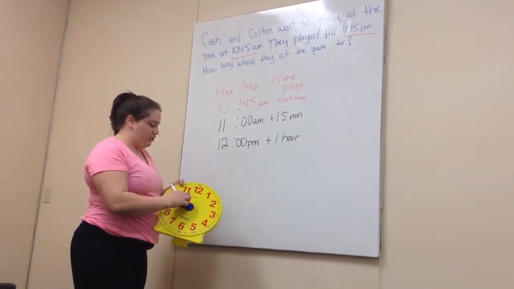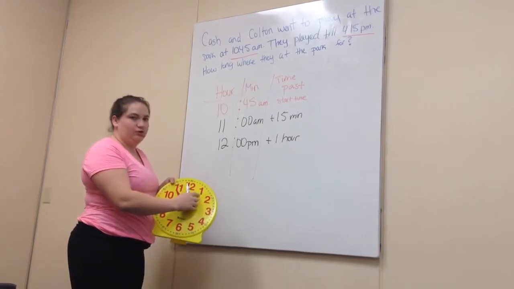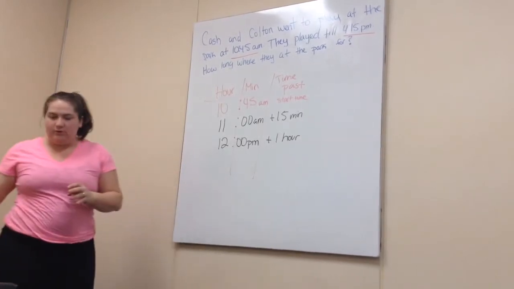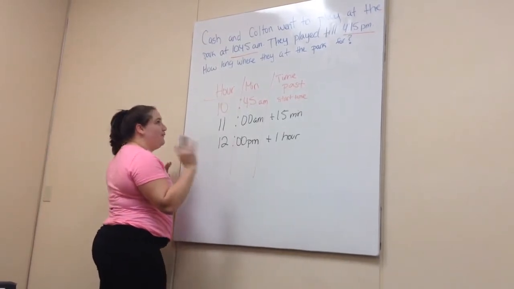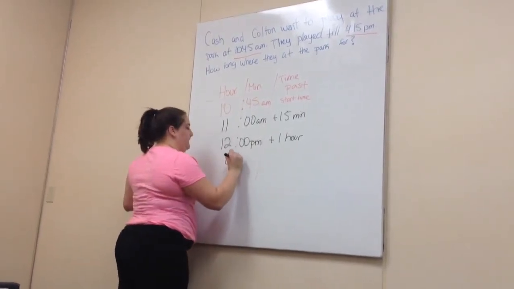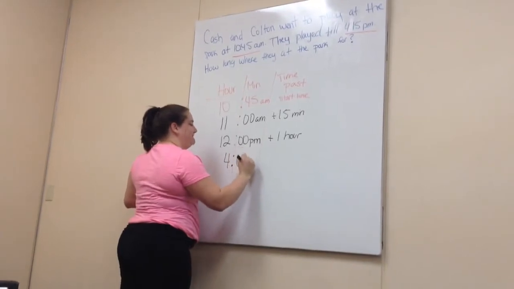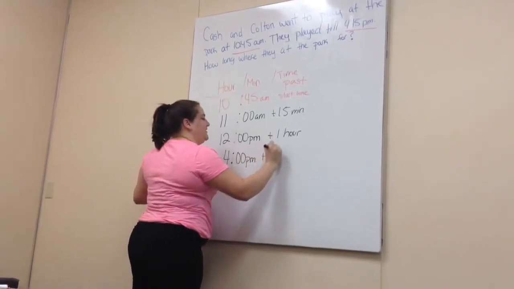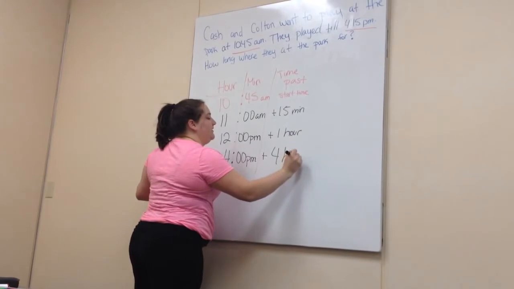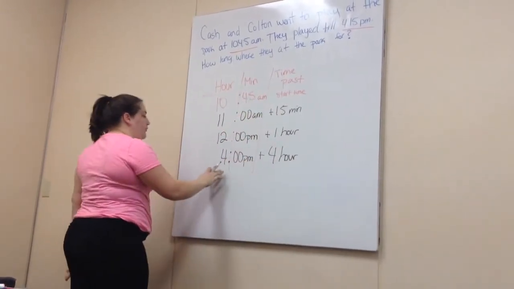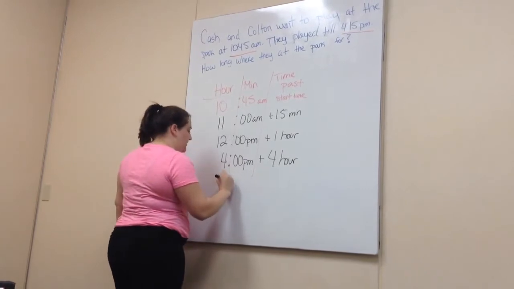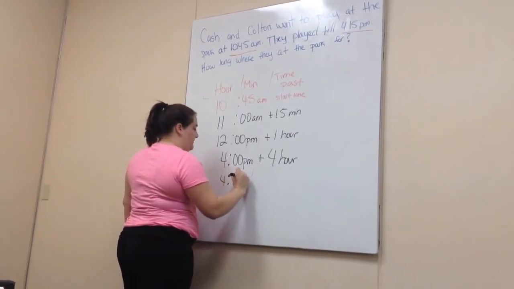In our clock, as you can see, there's only 12 and it goes to 1. So we're going to go to 4:15, so it's going to be 4 hours. So we're going to add 4 hours. Now our ending time is 4:15. So from 4 to 4:15, there is only 15 minutes.